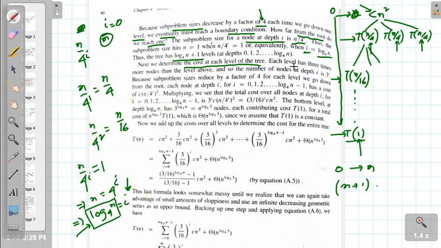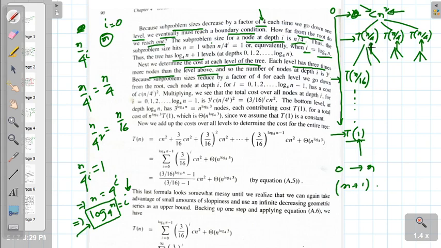Each level has 3 times more nodes than the level above. At the root level, how many nodes are we having? 1 node. At the next level, 3 nodes. If I expand this, we will have 9 nodes.